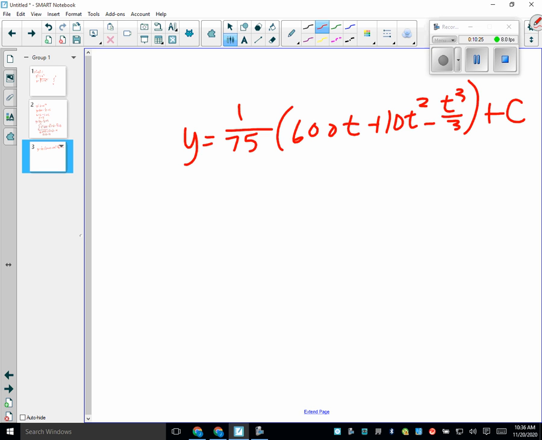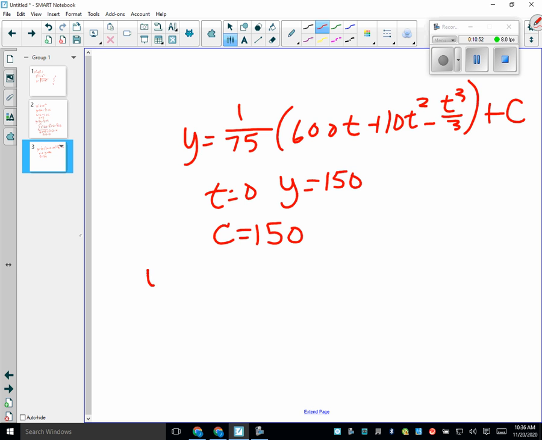So when I put in t equals 0 and y equals 150, isn't c 150? Yes. Yep.